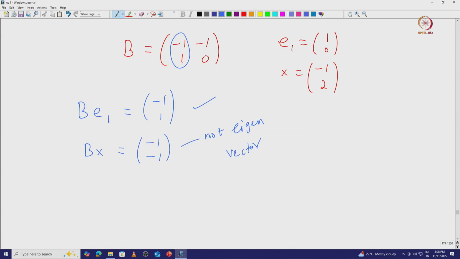So, both x and e1 are not eigenvectors for B. That proves that A and B have no common eigenvector. That means the representation that we defined is indeed an irreducible representation.